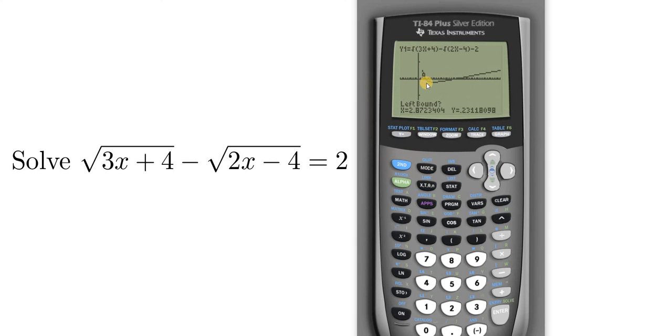Currently, it's to the left of where it's crossing. So I'm going to hit enter one time. Now it says right bound, so now you want to go to the right of where it crosses. Then you hit enter one time. Then it says guess, so you just hit enter again. And there it is. X equals 4 is one of the answers to this equation.